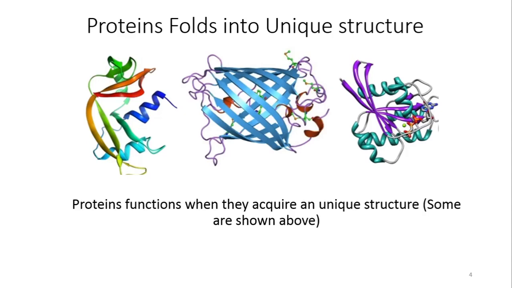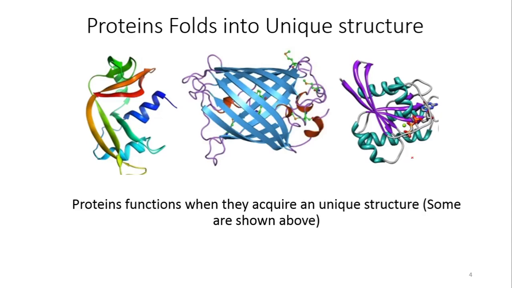Over here there are only three representative folds. All I want to show in this case is that we can say from these three structures that they have a lot of diversity so far as protein folding is concerned.